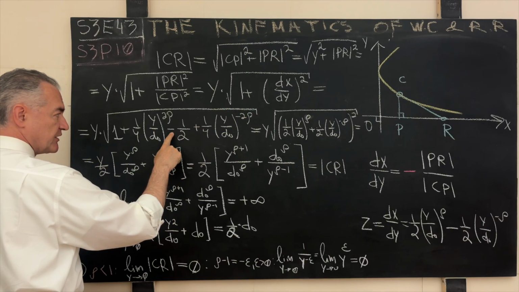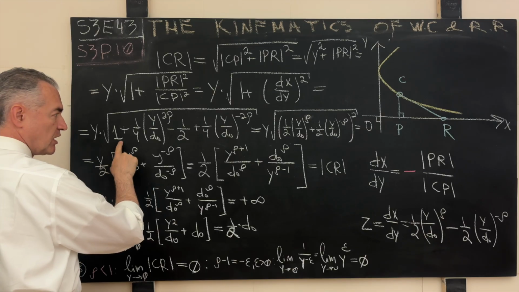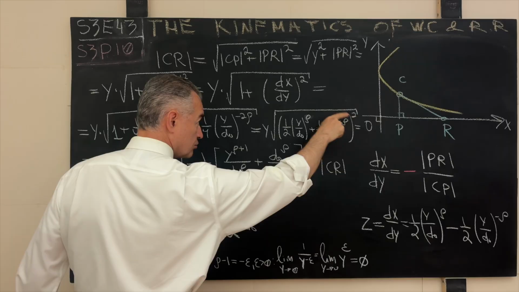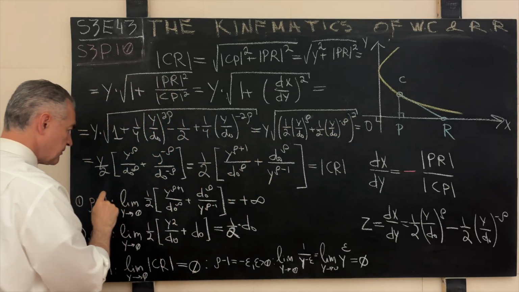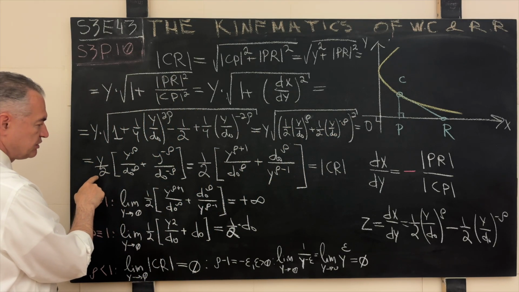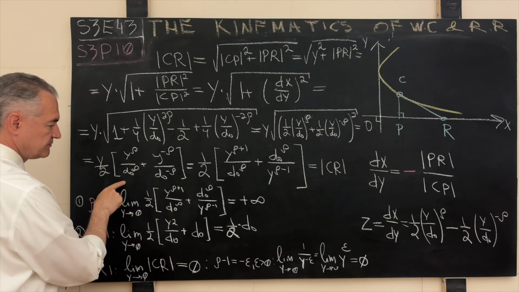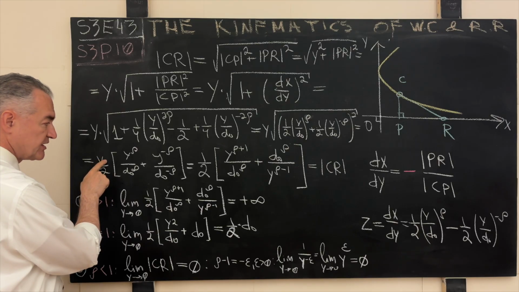once we spell it out, here we will have minus 1/2. But then there is 1. So 1 minus 1/2 plus 1/2. This collapses into a perfect square, the square root of the perfect square. In general, it will be plus minus, but for the distance, we'll take the plus. So once we unwind these relations, then we have this relation. Now, one copy of y sits in front, don't forget.